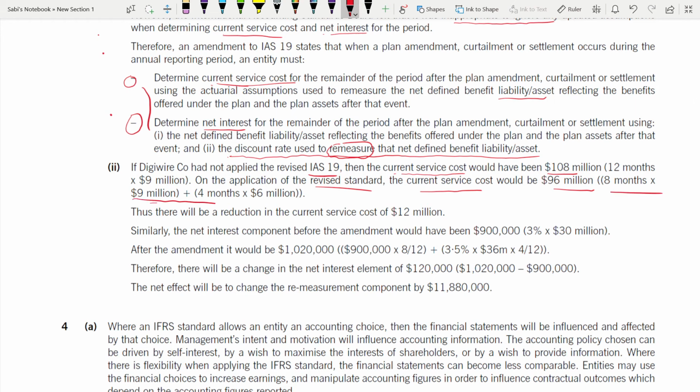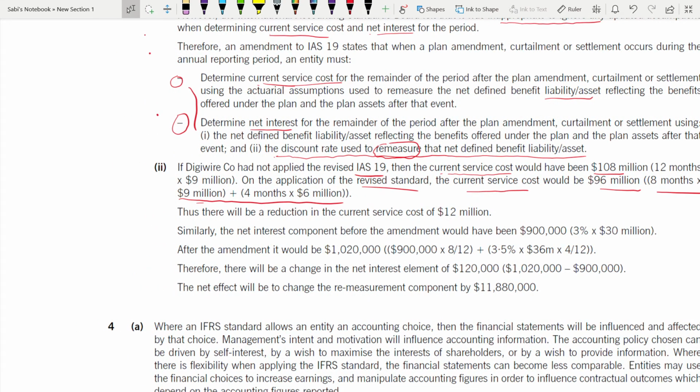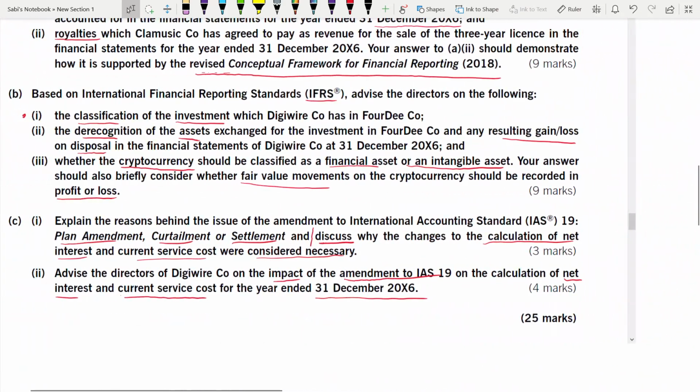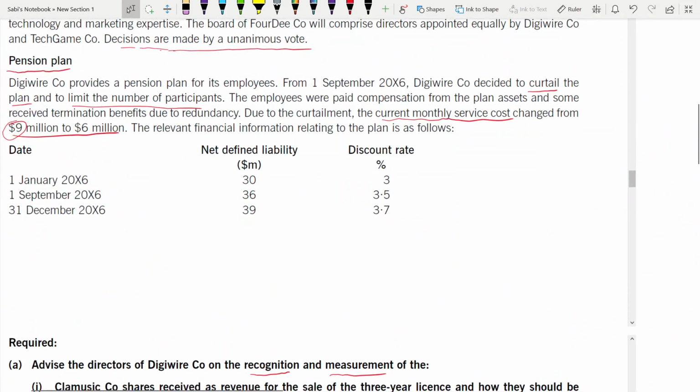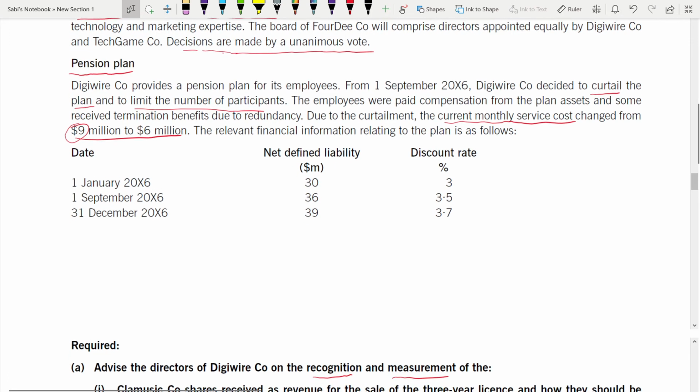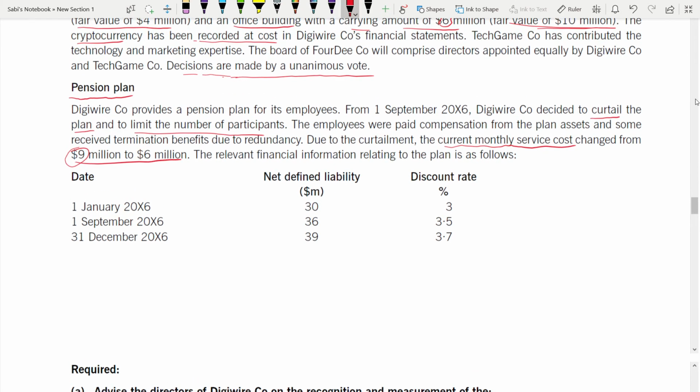Now, this is an area where you can go wrong. You must have put 6 million into 12 months, right? And getting 72, which is wrong. Because just check the months, the year. Look at the date. From 1st of September 2006, they are going to do this change.